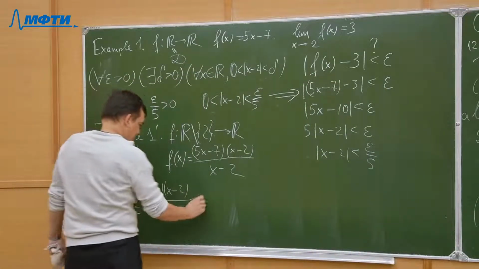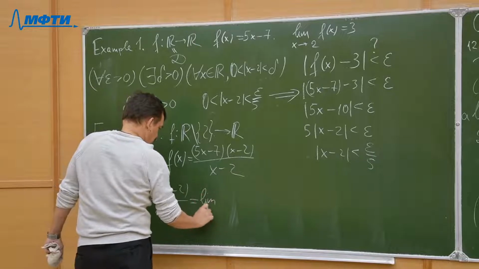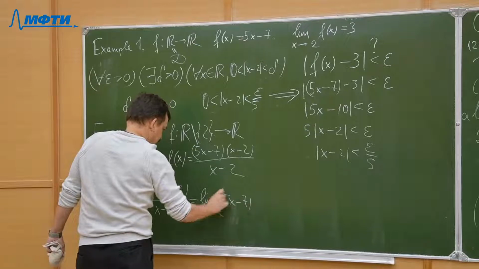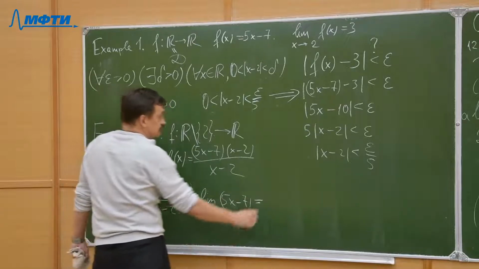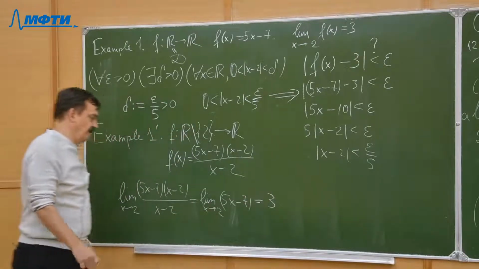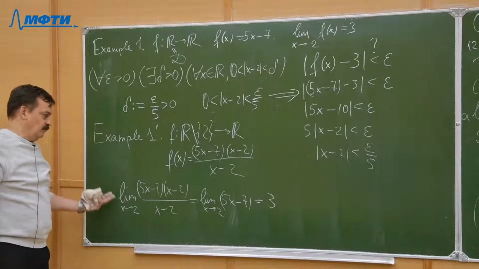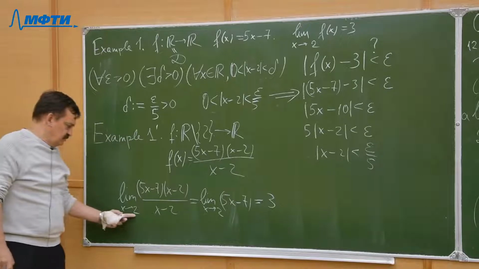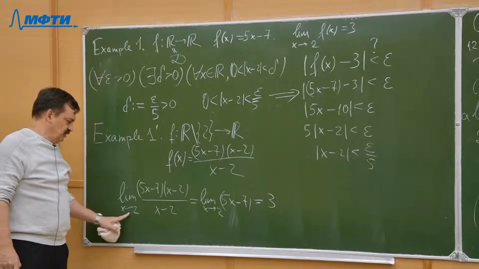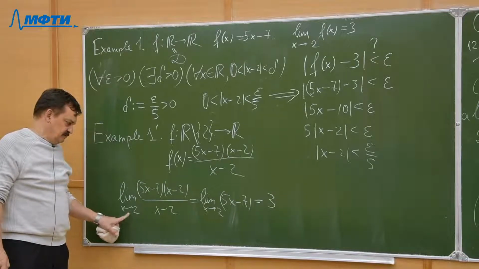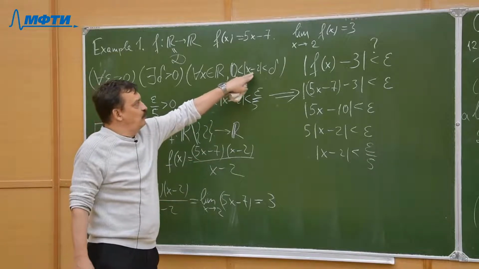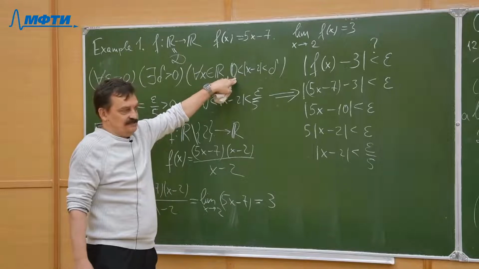So the idea is like that. Look, why is this true? Because when we are talking about the limit, we exclude the point x equals to 2 itself.